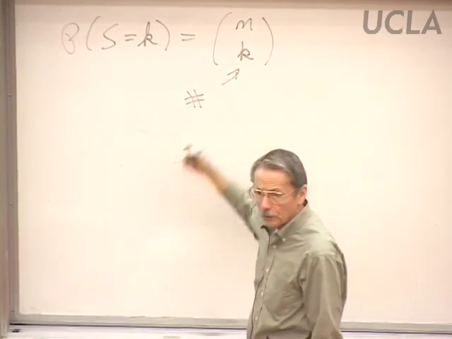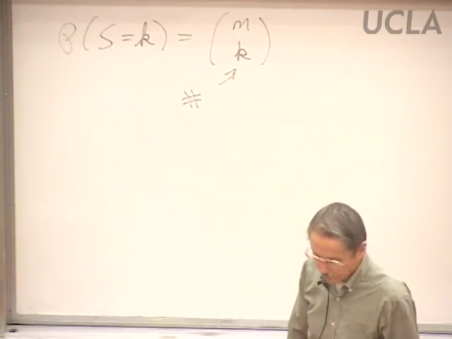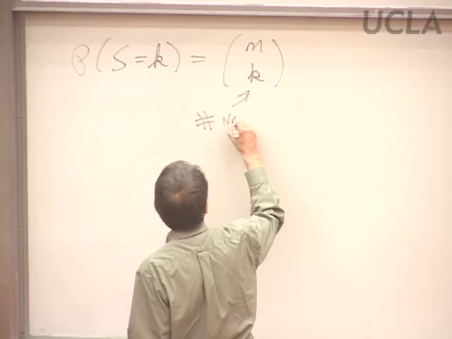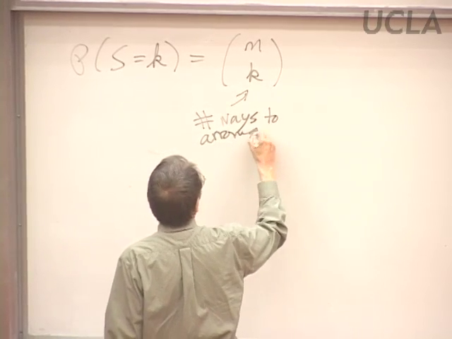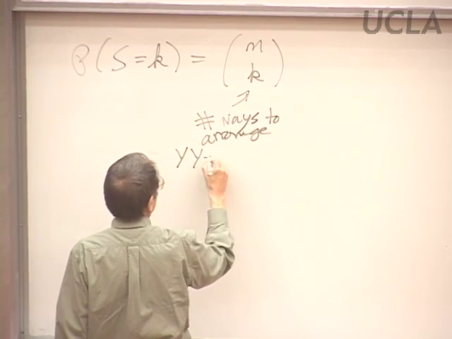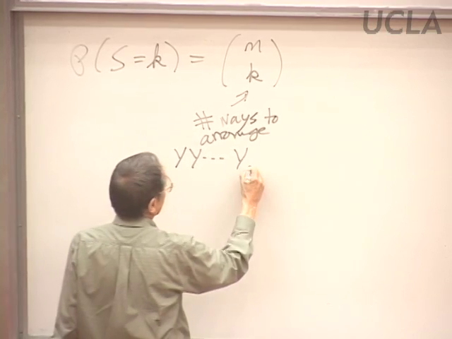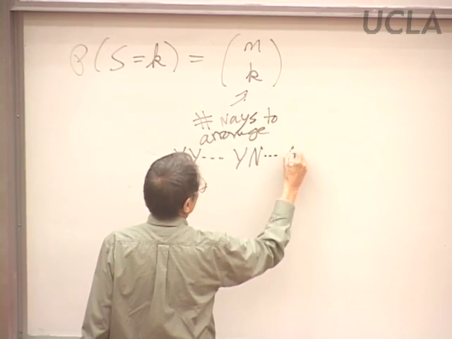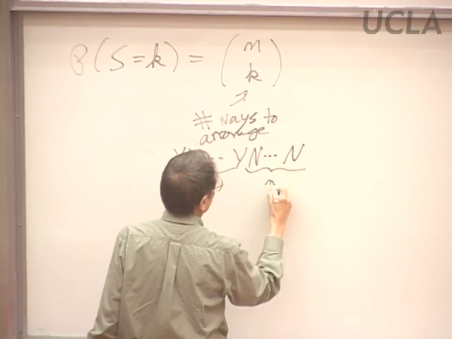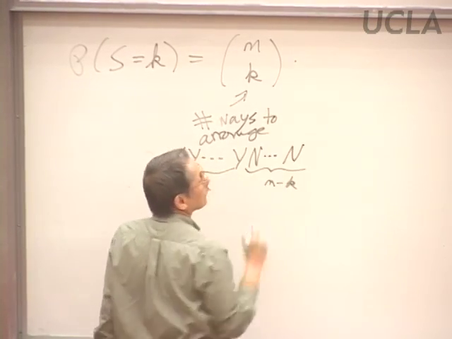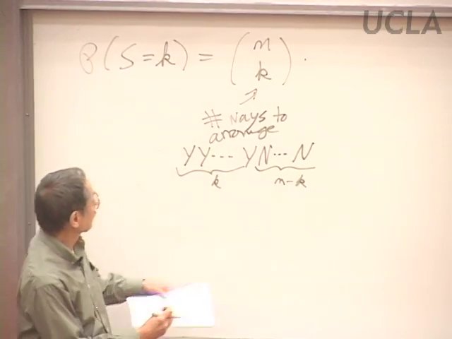It involves, first of all, the number of ways to arrange those k successes, k yeses and n minus k nos, times the probability of each such outcome.